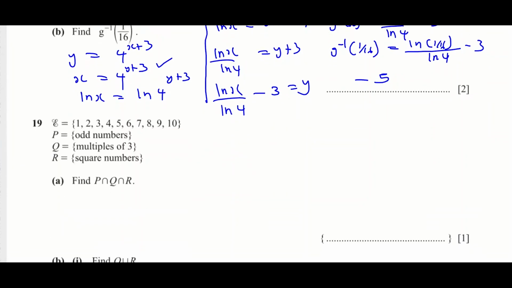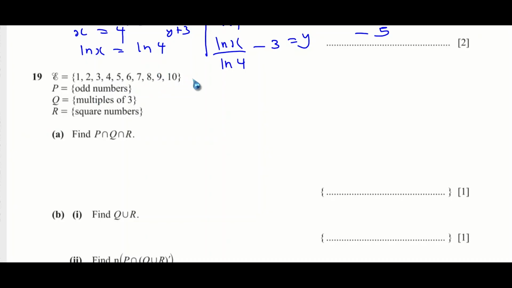Okay, question 19. We have the universal set, we have set P, set Q, and set R respectively. So find P intersection Q intersection R. So we need to do this. Set P will be equal to 1, 3, 5, 7, 9. So these are odd numbers, and set Q will be equal to multiples of 3.